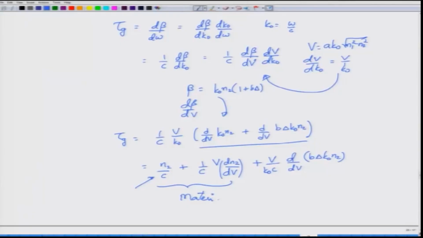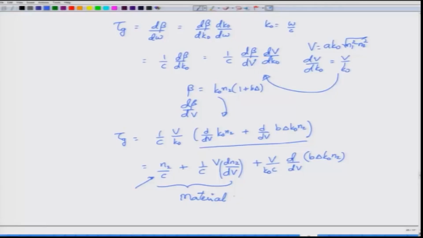So, this change of n2 with respect to frequency is not really in my control, because this is the property of the material itself. So, these 2 parameters, the first and the second term, are what is called material dispersion, because they relate how beta or the refractive index n2 is changing with respect to the frequency as a consequence of the material property.